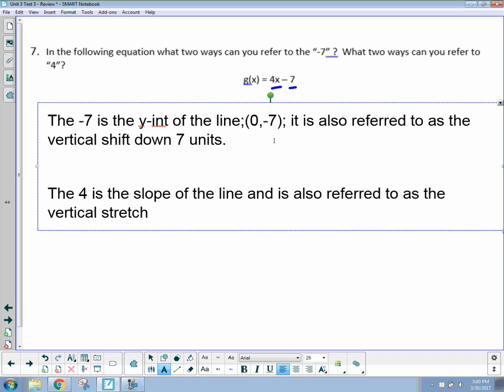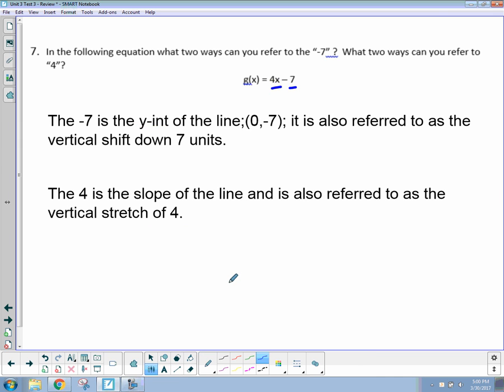Remember, it's slope because it's next to the x. We took notes on that. Negative 7 is the constant, which makes it the y-intercept, and it controls the shifting up and down. So we're shifting down because it's negative.